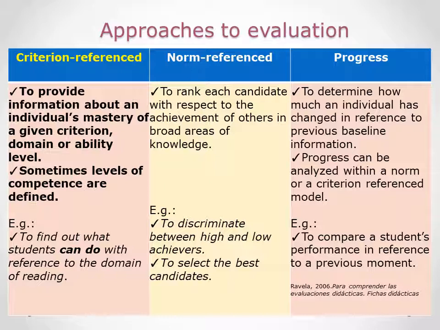Our aim was not to rank candidates according to their levels of performance, which is the aim of norm reference testing. It wasn't either to determine how much the students had progressed from a certain moment onwards, which is the focus of progress assessment.